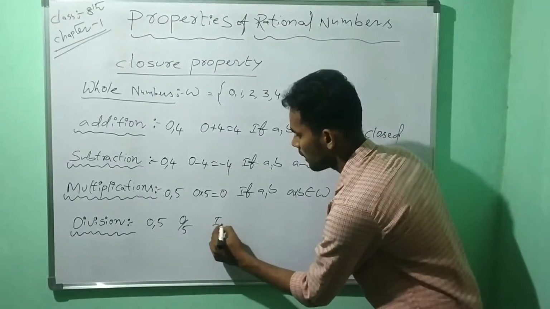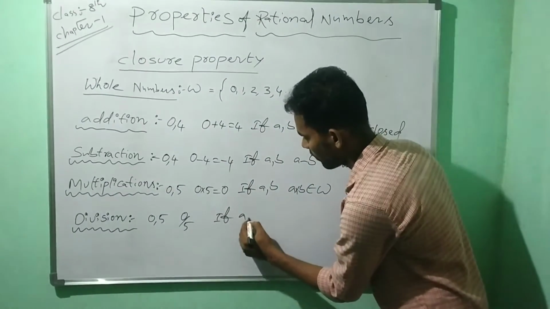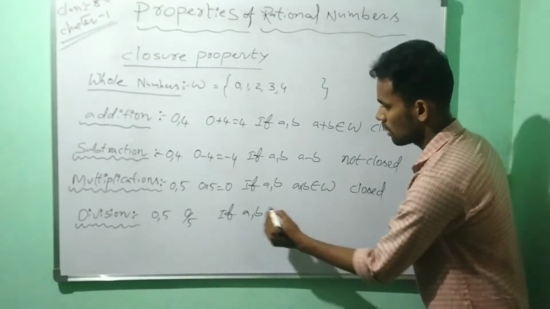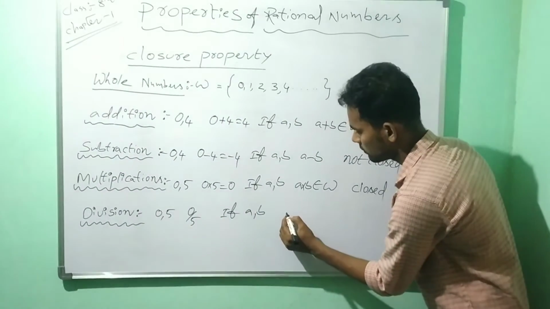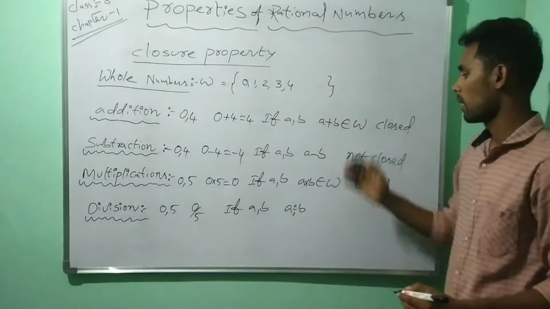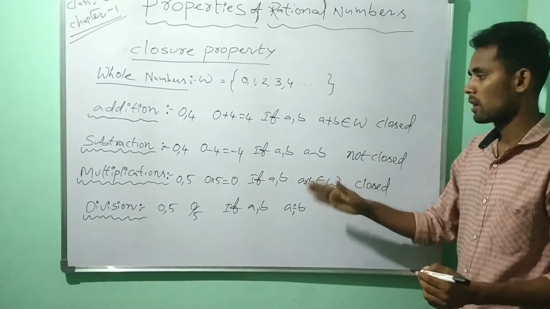If A and B are any two whole numbers, the quotient A divided by B is not a whole number. So whole numbers are not closed under division.